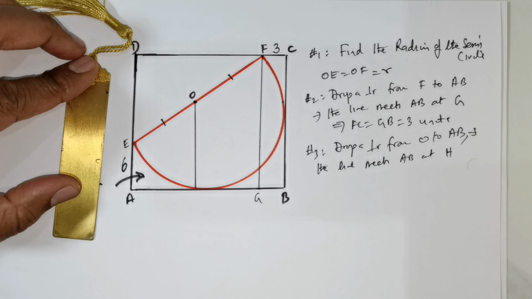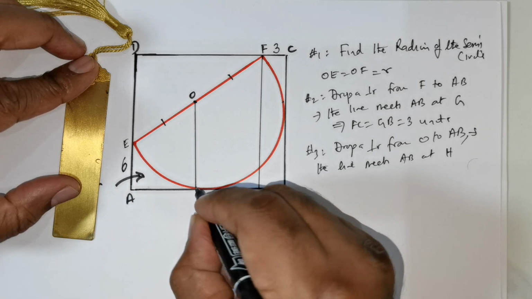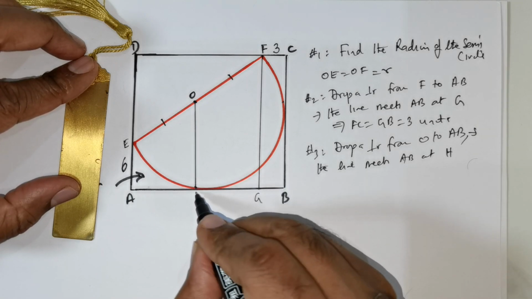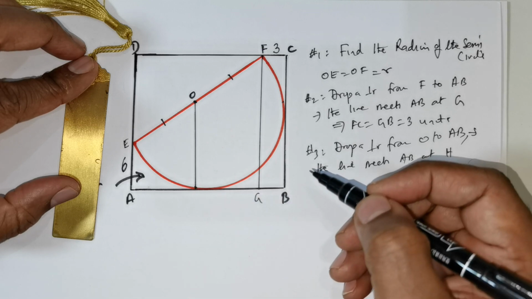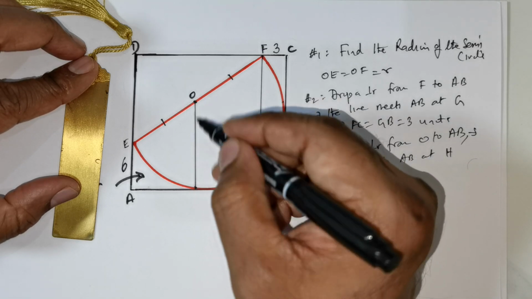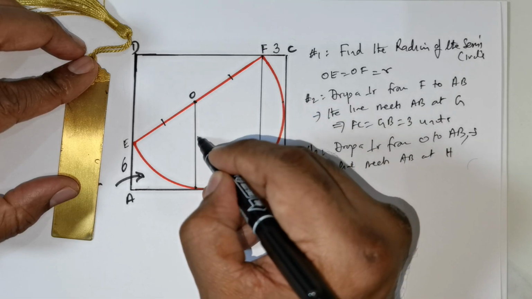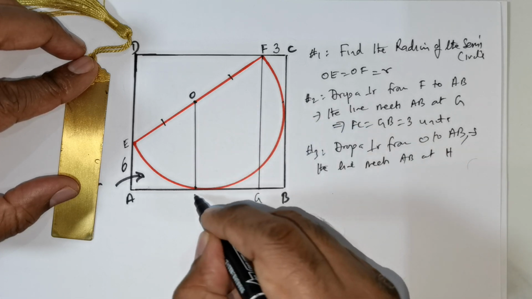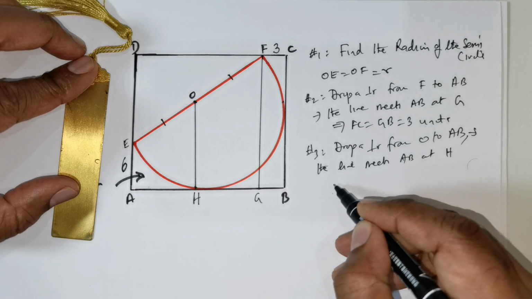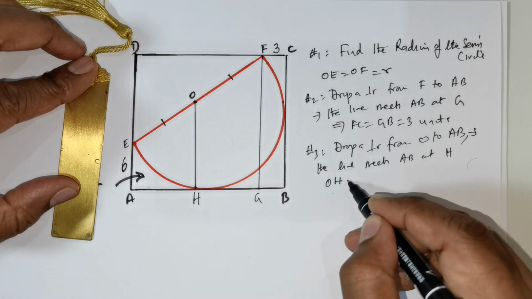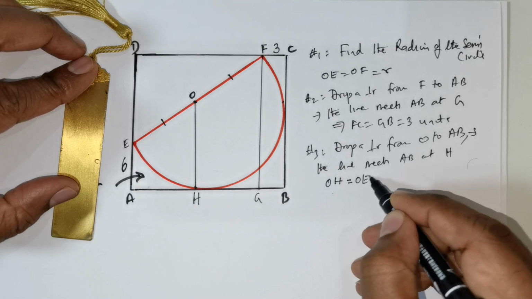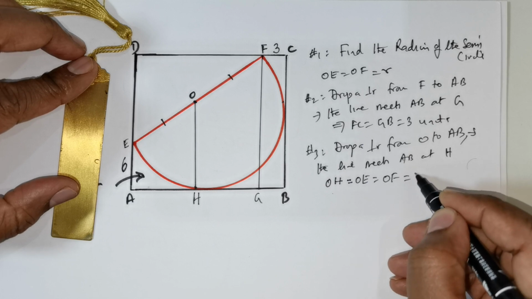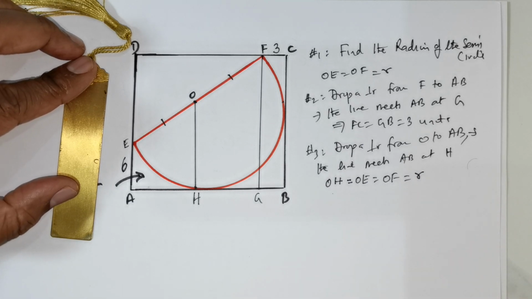Now this is hitting here, right? This is hitting this. There is a touch here, there is a hit here, and this is actually the radius, the capital R, I should say lowercase r, this entire length. So let me take H. So OH is equal to OE is equal to OF is equal to R. That's critical.